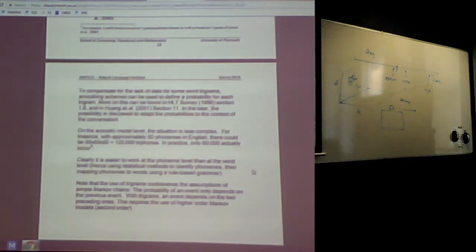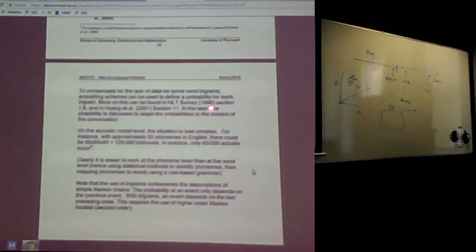Now, if you look at sounds, the situation is much more comfortable. For instance, English has 50 phonemes. How many triphones do we have, how many possible combinations of three phonemes? We have 125,000.